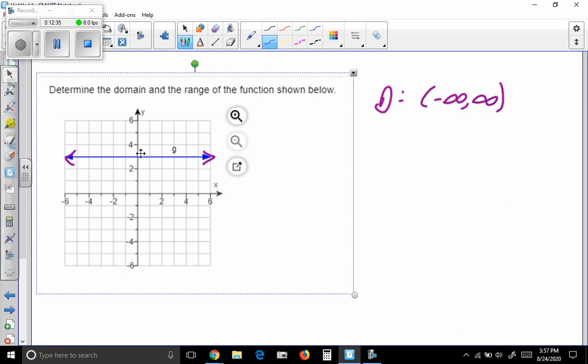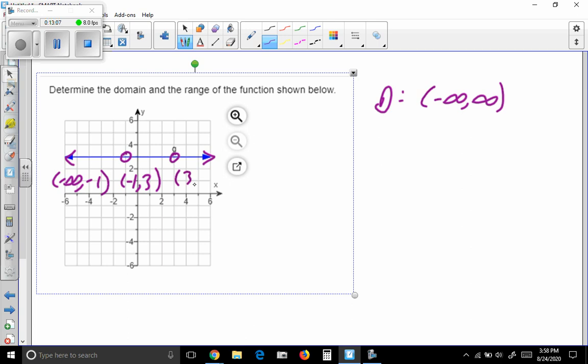If this listed individual values, we would have to put those in braces. Or if we had a hole here and a hole here, then we would have to write that as different intervals. For example, this negative infinity, and we would get really close to negative 1, but there's not a point there. And then from between negative 1 and 3, we include those points, just not the edges.